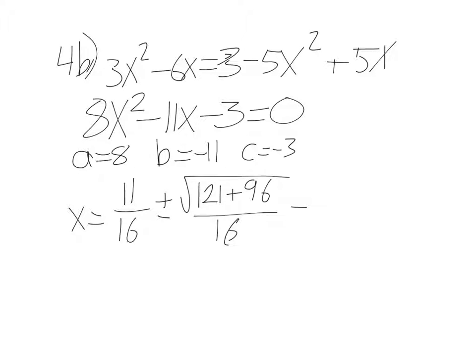If we simplify this a little bit further, that's going to be 11/16 plus or minus the square root of 121 plus 96, which is 217, and that's over 16. I don't think that's reducible.